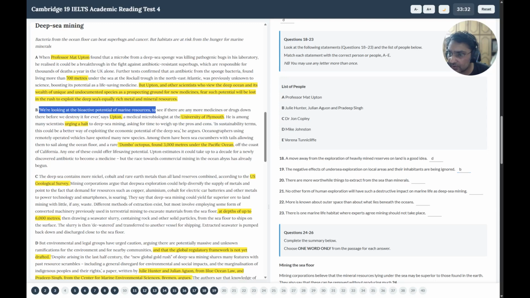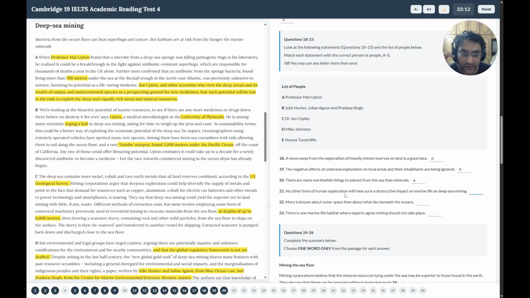We're looking at the bioactive potential of marine resources. If there are any medicines. Okay, so the first two paragraphs are talking about medications and drugs. The last ones are talking about resources, minerals. So this is A, Professor Matt Upton.